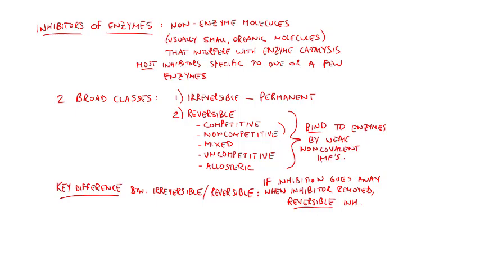And because these weak non-covalent intermolecular forces are weak, binding is reversible. Irreversible inhibitors, for the most part, there are some exceptions, but they usually react chemically with the enzyme. And since covalent bonds are essentially permanent, we say that irreversible inhibitors act permanently.